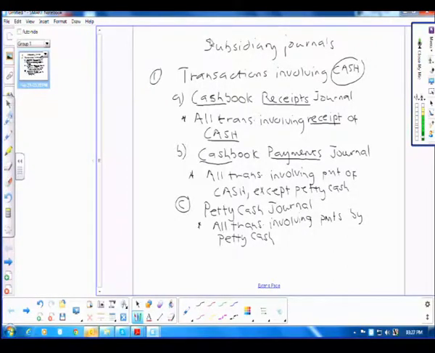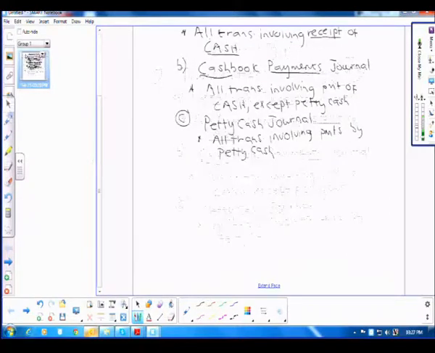Let me repeat. The first category involves transactions that have to do with cash. Most important, no credit in this category. So let's go to our second category.